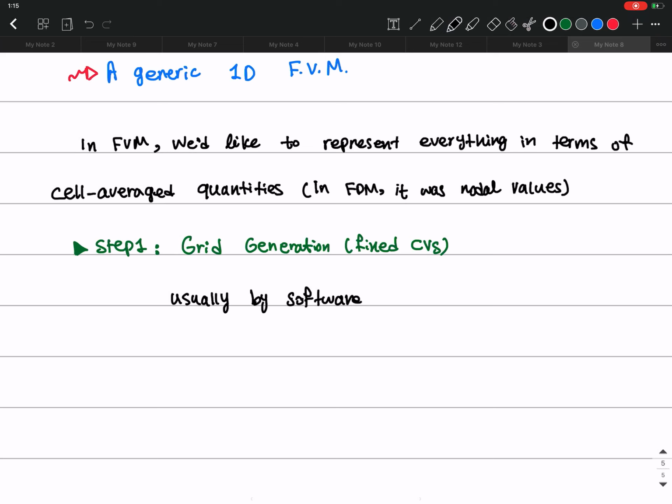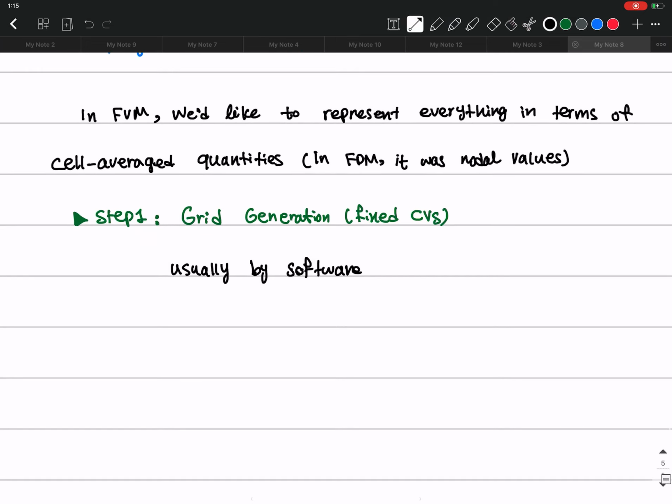So let me show a one-dimensional example here. Say we have this here. So this is J, and then we have the other nodes.